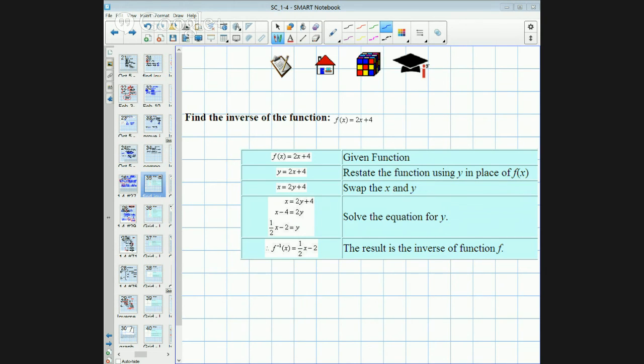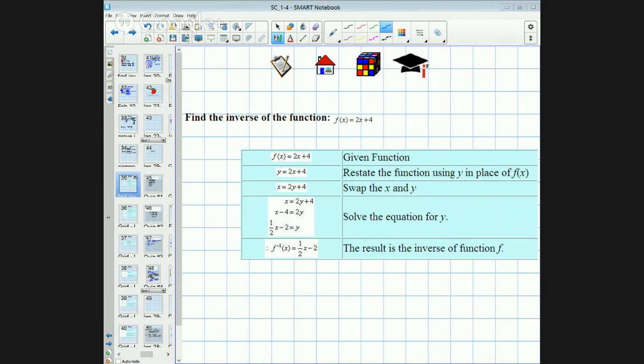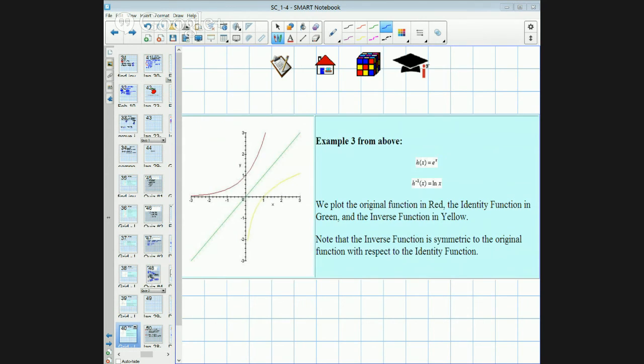It goes through step by step, and eventually it also shows, when you plot the original on the same graph, the red is the original, the yellow is the inverse, and the green line is the identity function. And sure enough, if you tilt your head to the side, you can see that the inverse curve is just the reflection of the original.